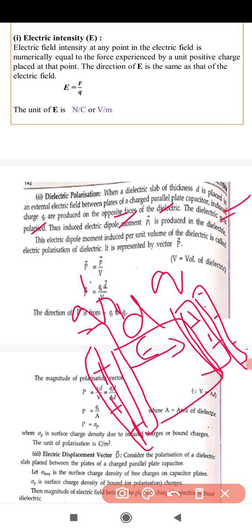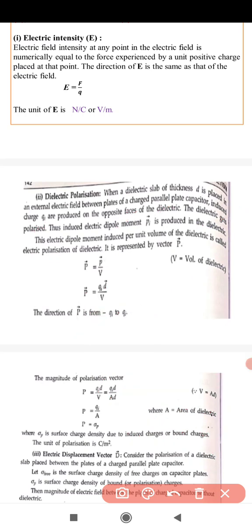Thus, the induced dipole moment Pi is produced in the dielectric. Therefore, dielectric polarization is defined as the electric dipole moment per unit volume.